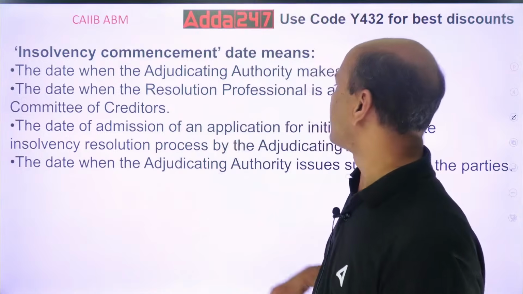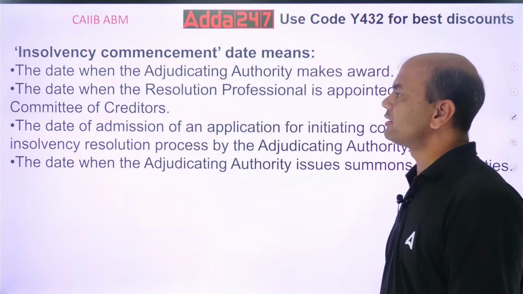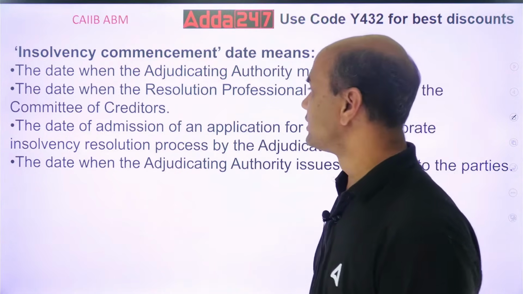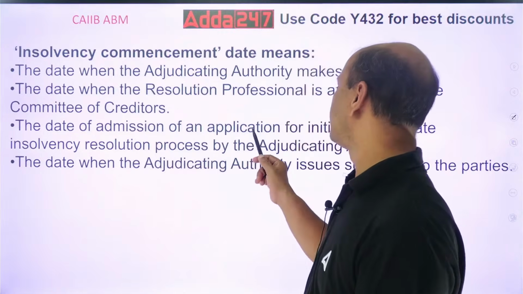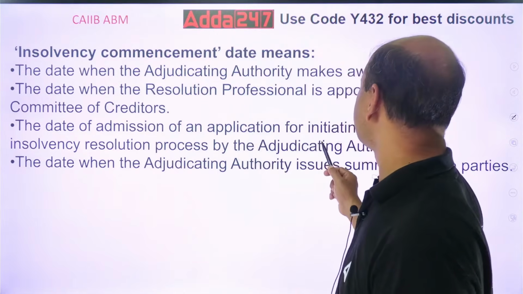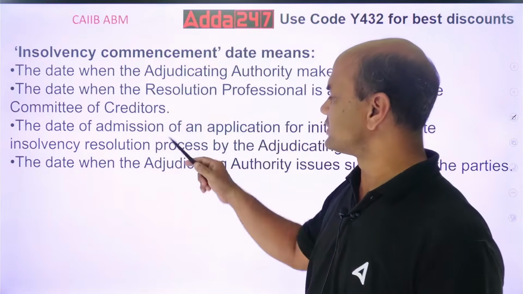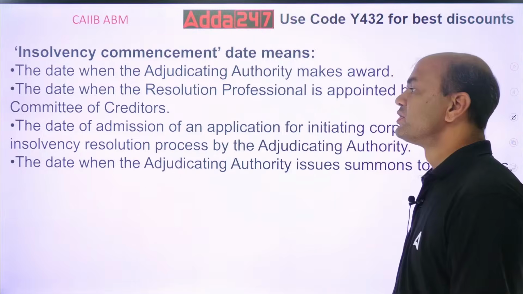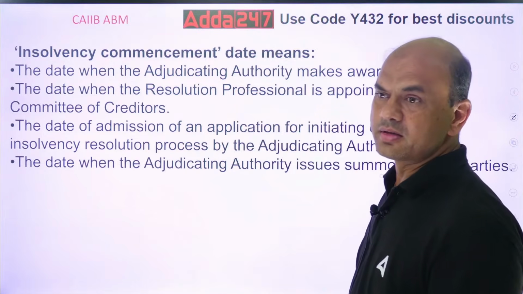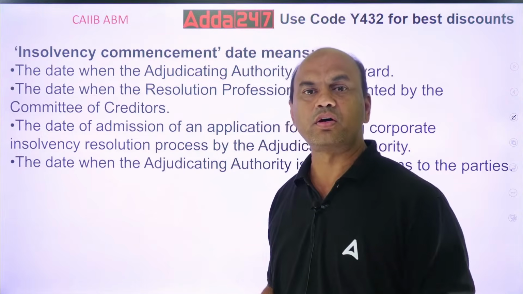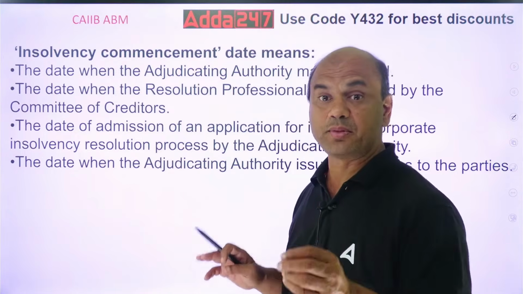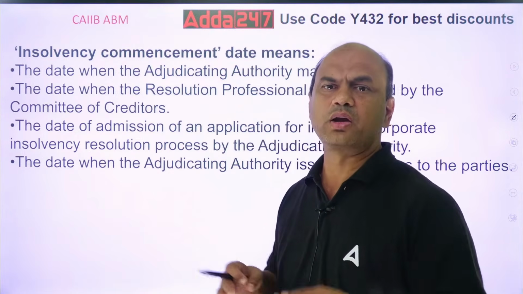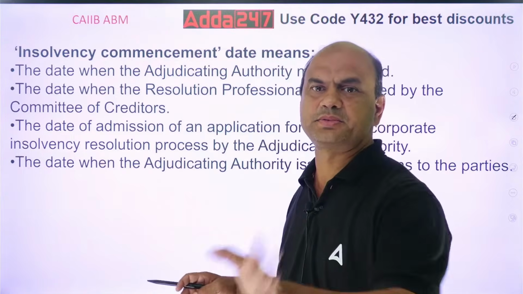The date when the RP is appointed by the committee of creditors. Third, the date of admission of an application for initiating the corporate insolvency resolution process by the adjudicating authority. So date of admission, when the case gets admitted for this IBC. I am the company, I go to the IBC and say, see, this is my case.